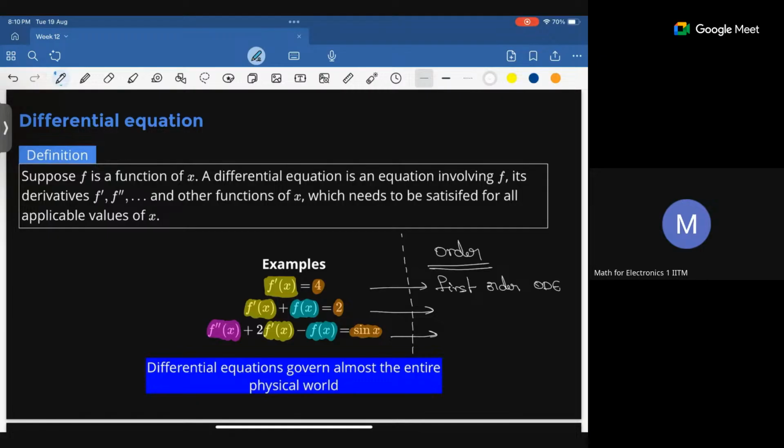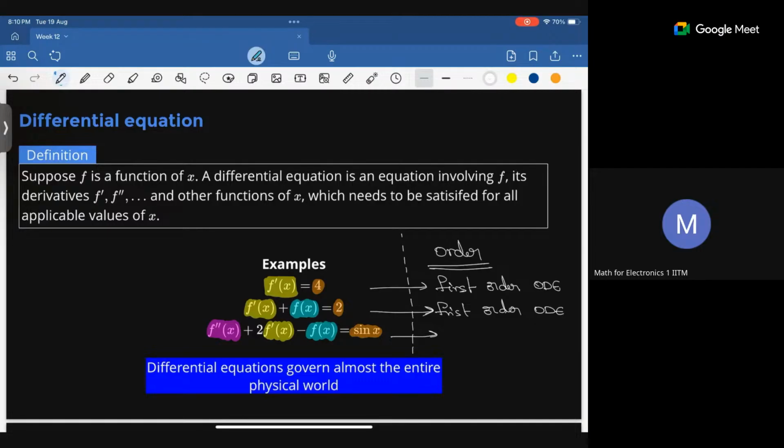Even in the second example, we have f prime of x and f of x. And if you see, f prime of x, which is the first derivative, is the highest derivative. And this will also be a first order ODE. And if you see the third example, this has the double derivative, first derivative, and f of x.